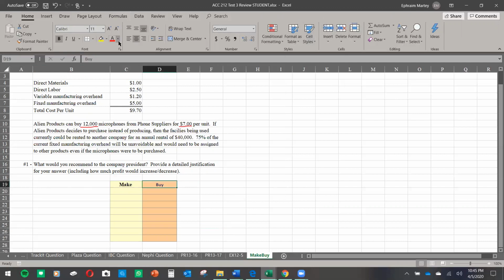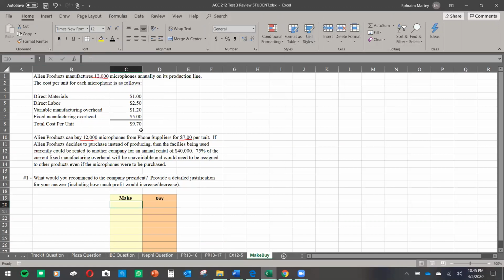So we are going to decide for the company whether they should buy or make. If they make it, they are going to spend $9.7, that's the total cost, multiplied by 12,000 units.